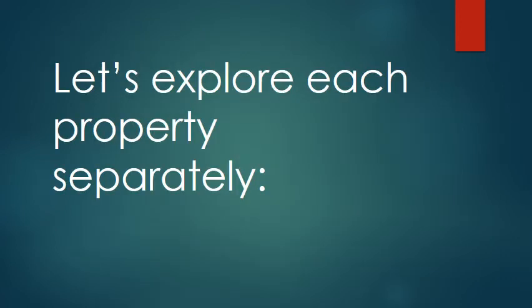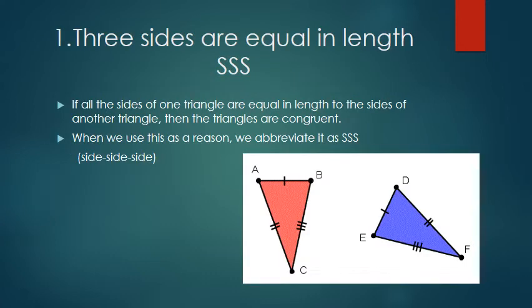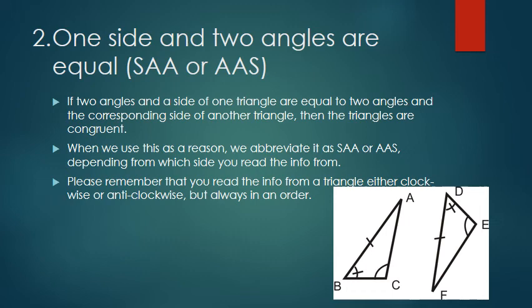Let's explore each property quickly separately. 3 sides that are equal in length, I think that is quite easy. You have a side, and a side. With angle, side, angle, one side and 2 angles are equal, so it can be from any side depending on where you take it from. I'm going to quickly put on my pointer.